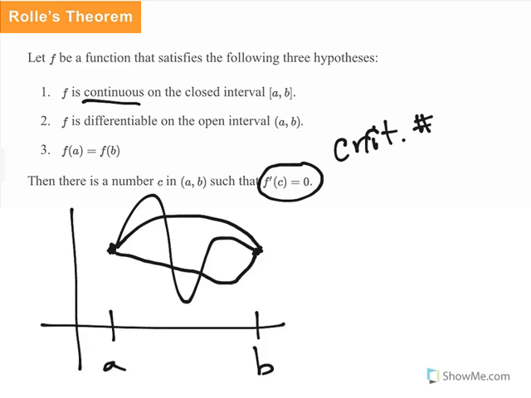Okay, so for example, let's say we have the top one that goes up and then kind of comes back down. There's a point up here somewhere where there's a value of c right there, where f prime of c is equal to 0 because it has a horizontal tangent line.